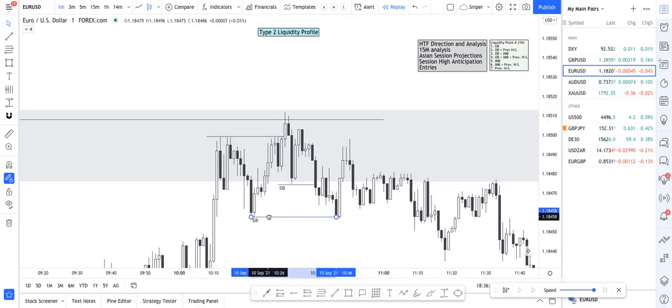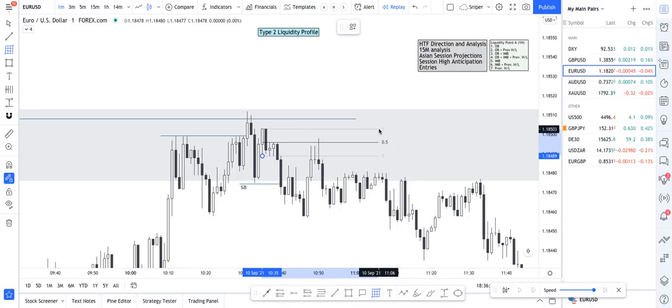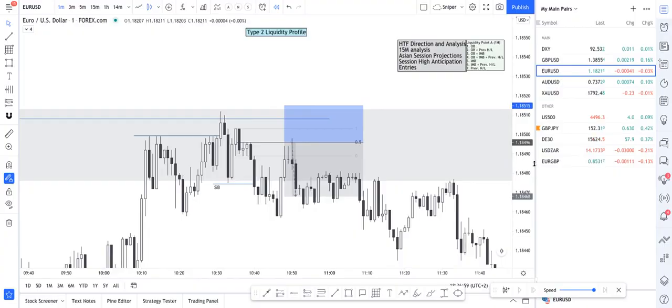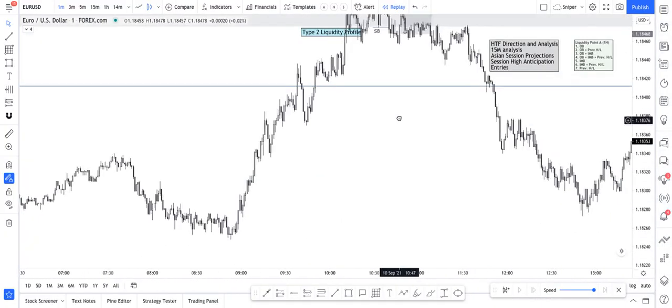I think it's more like equal lows, so I'm not going to count that. And then we have our last buy to sell area. So second entry or confirmation entry would then be 50%, stop loss still above the zone, and then take profit again at the Asian lows.